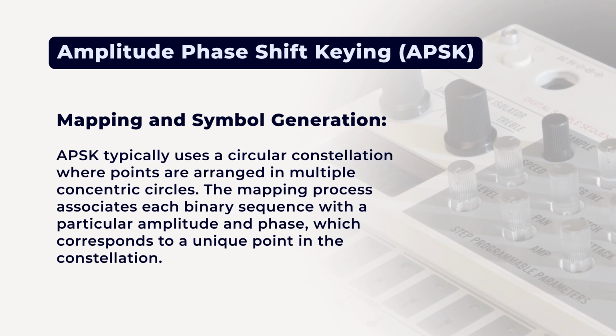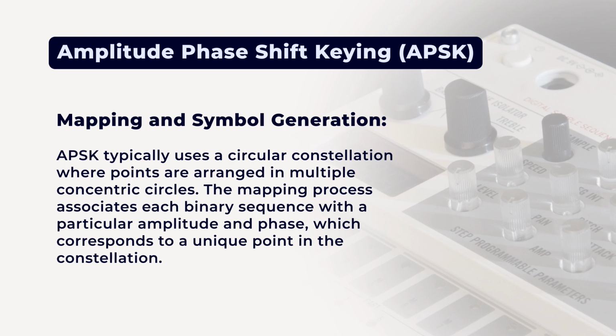The binary input data is mapped to a specific symbol in the APSK diagram. APSK typically uses a circular constellation where points are arranged in multiple concentric circles. The mapping process associates each binary sequence with a particular amplitude and phase, which correspond to a unique point in the constellation.